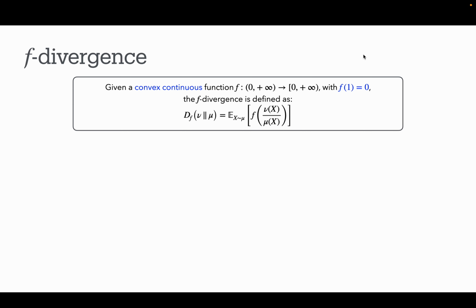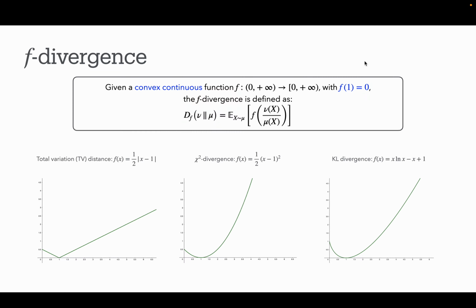Now we introduce the f-divergence. We use the f-divergence to quantify the difference between two Ising models, where the f-divergence is the expectation, with x sampled from mu, of f of nu over mu. Here are some examples.